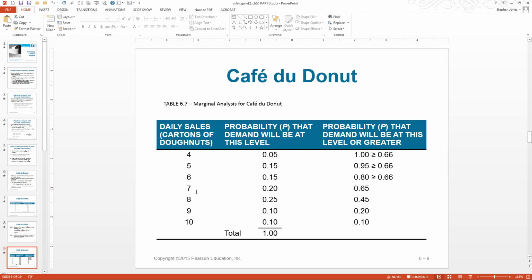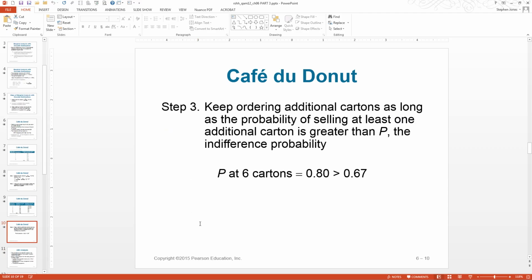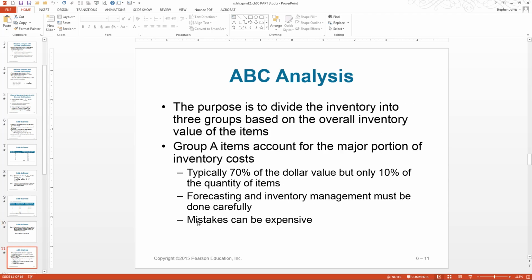Running to 7 means you're definitely pushing some of the envelope, and 10 is right out. You definitely don't want to do that. So we should keep ordering cartons as long as we can keep our probabilities up higher.